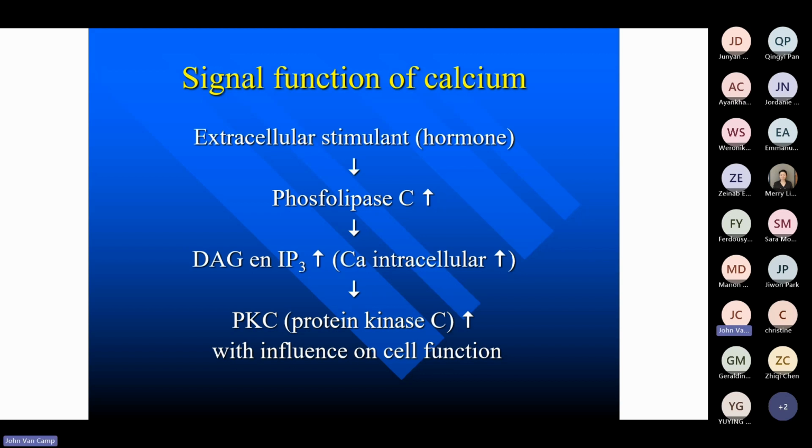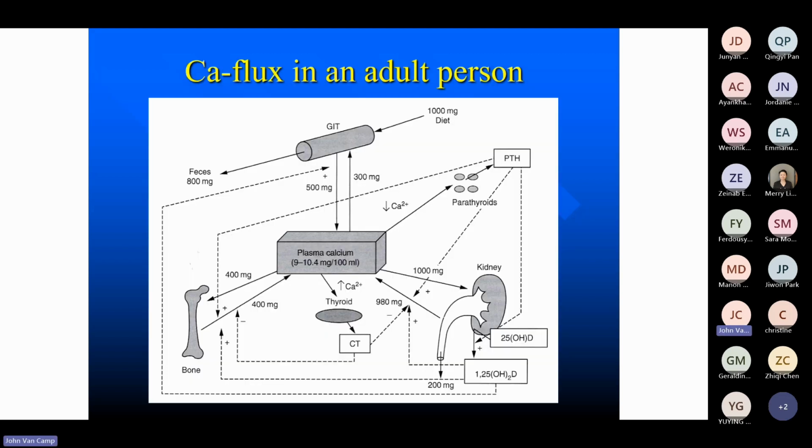So you can now understand that the body does not like high fluctuations in calcium levels. The calcium levels in the blood are always very stabilized. Otherwise, you get problems with signaling and messaging. So you have to keep it as constant as possible. And this constant supply is actually done by the regulation of the plasma calcium.